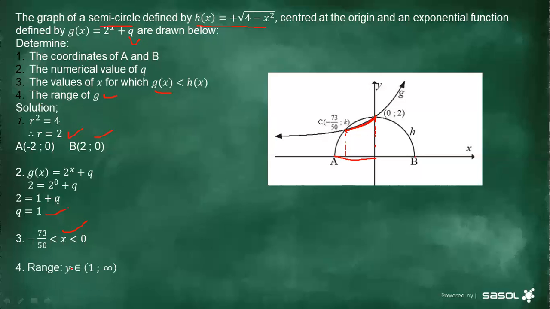So let's see the range. y is an element of 1 to positive infinity. You can see the graph is going up there. And the asymptote is going to pass through this point where y equals 1. So that is the asymptote. That's how you should determine the range. If you don't have the asymptote, you can't get the range. So the asymptote is very important.